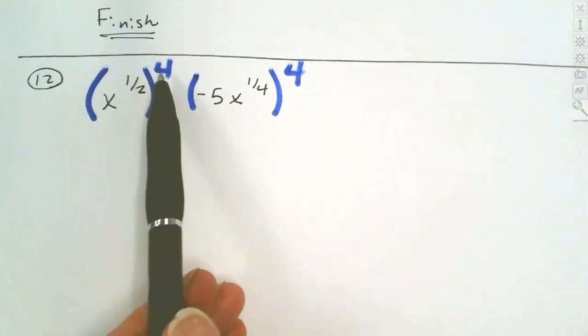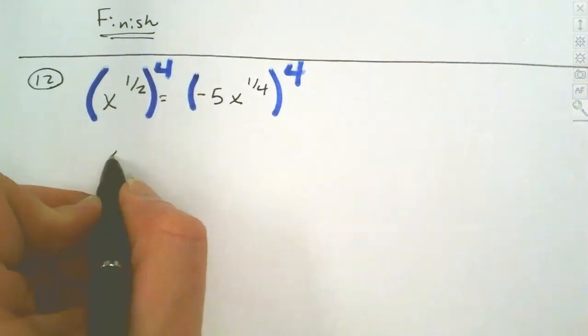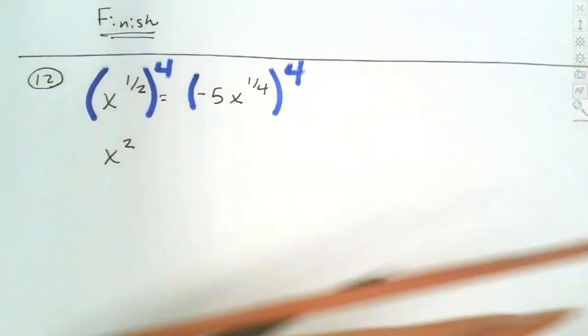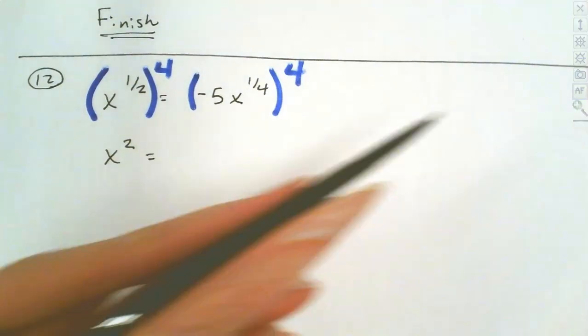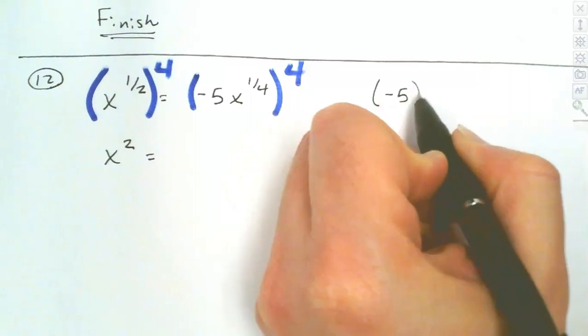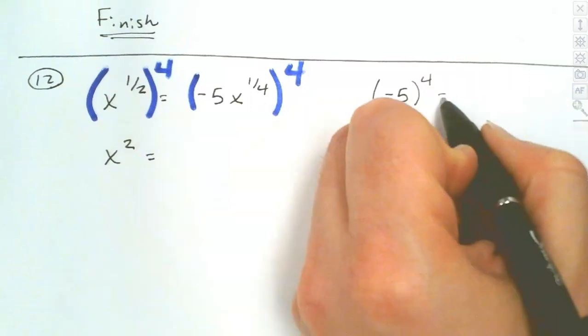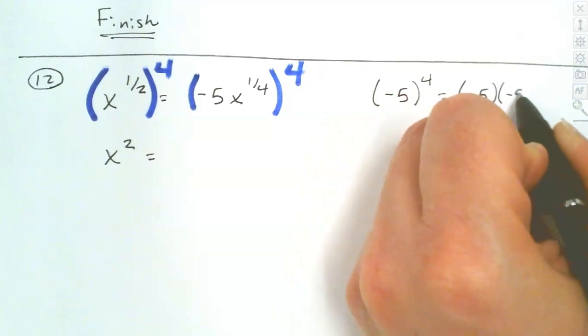For the exponents, we just multiply. So 4 times a half, well, that leaves you with an x squared. On the other side, we've got to be careful because we've got minus 5 to the 4th power. You want to write that out so you get the correct signs here.